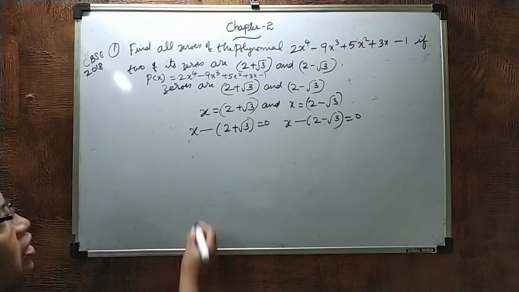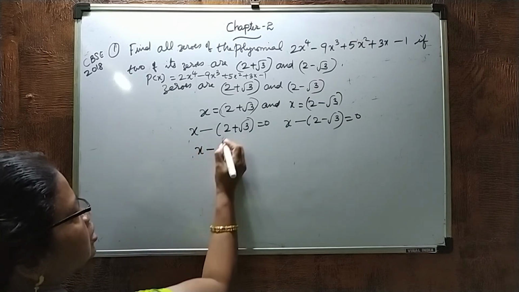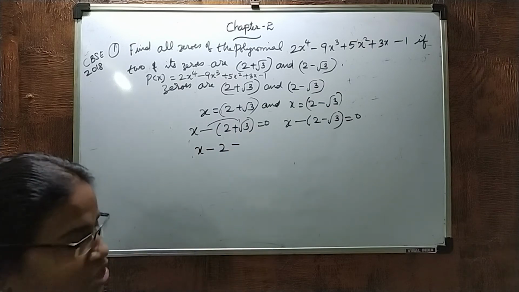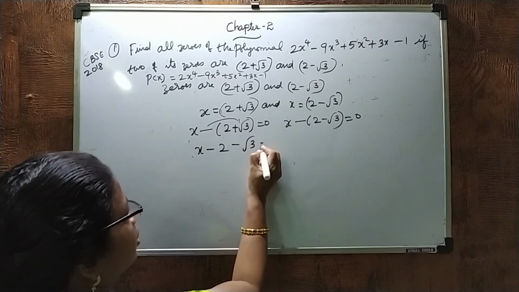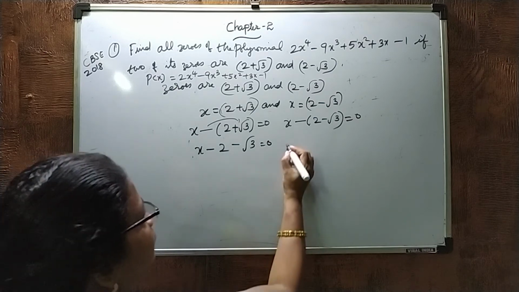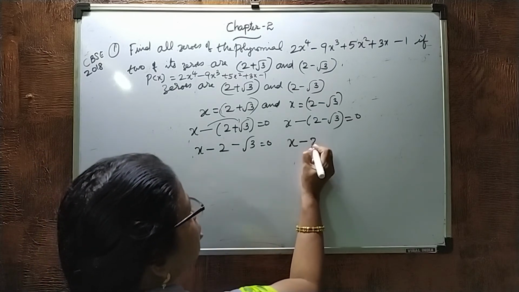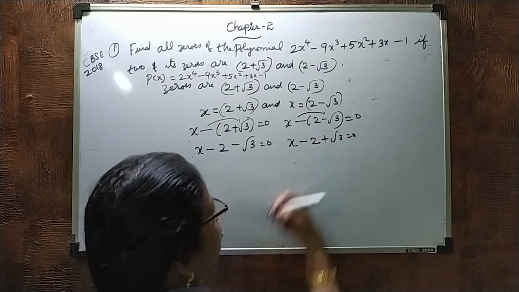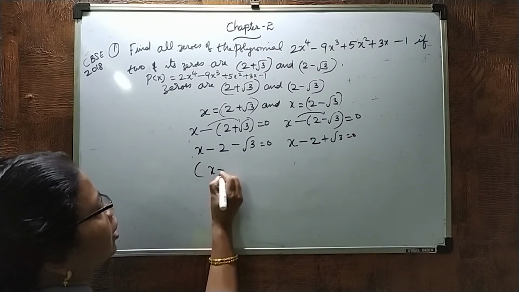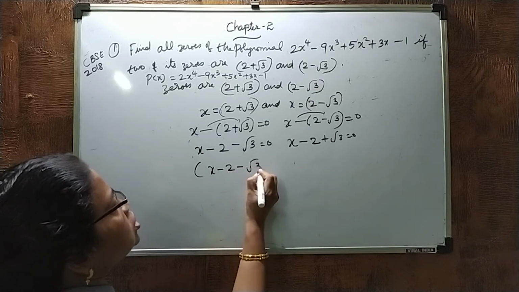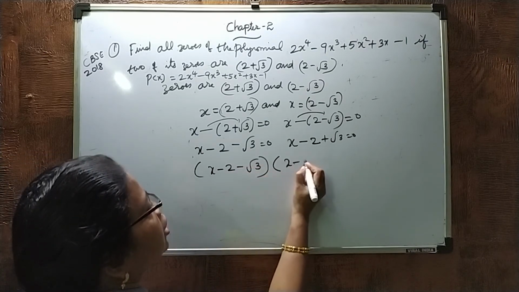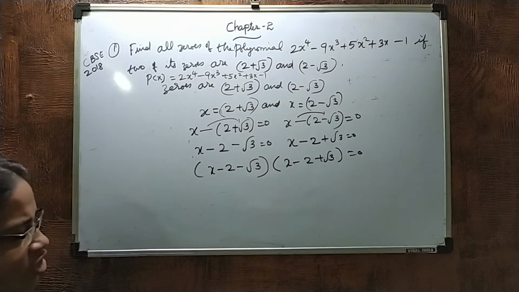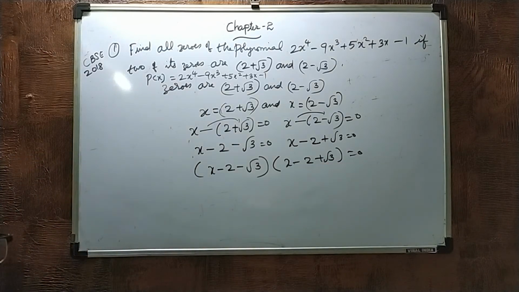Now expand, just remove the bracket. x minus 2, minus into plus root 3, negative, equal to 0, and x minus 2, minus into minus is plus root 3, equal to 0. Just find out now: x minus 2 minus root 3 and x minus 2 plus root 3 equal to 0. Now can we use a plus b into a minus b?